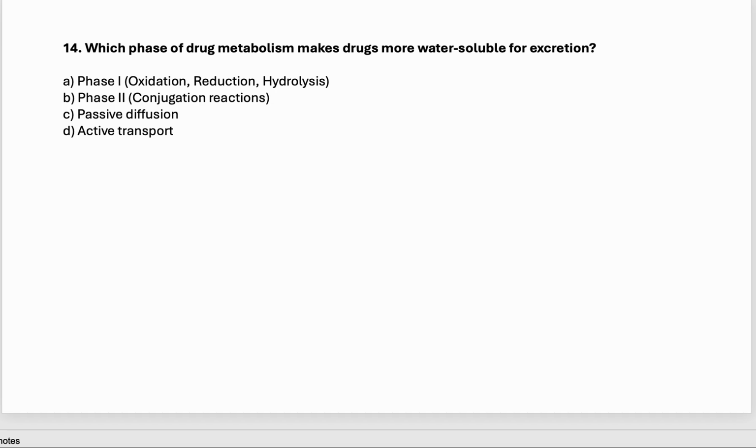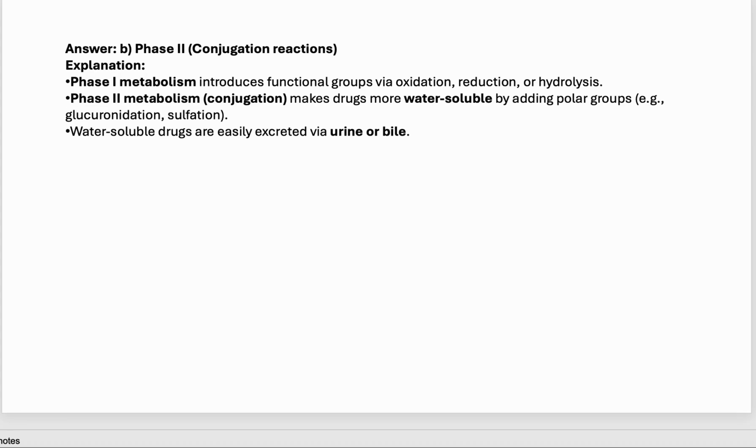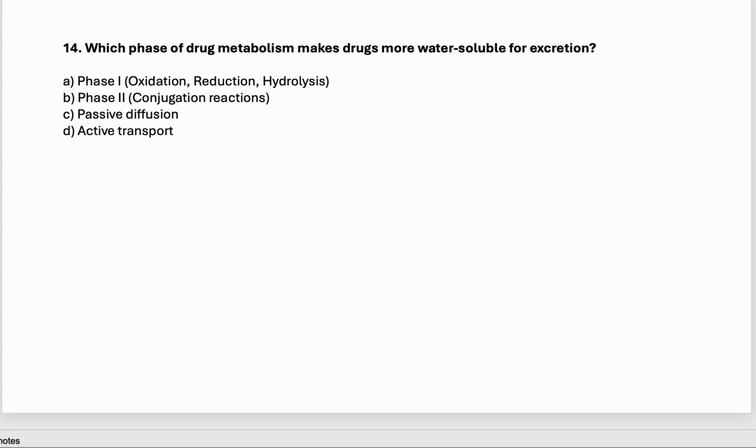Which phase of drug metabolism makes the drug more water soluble for excretion? A, phase 1, oxidation, reduction, hydrolysis. B, phase 2, conjugation reactions. C, passive diffusion. D, active transport. It's actually the first one that makes the drug more polar, obviously.